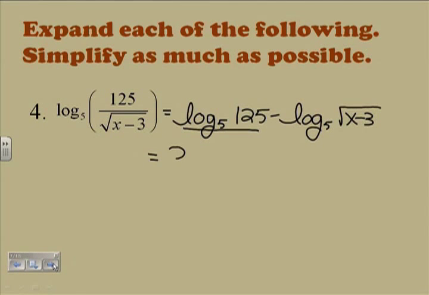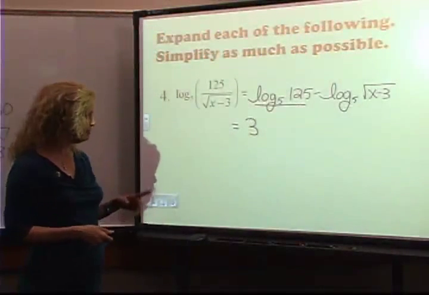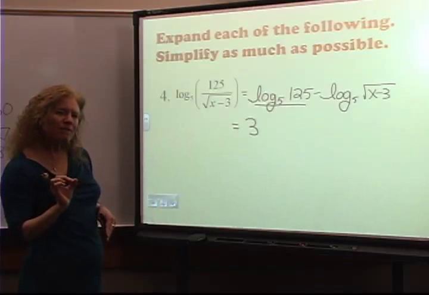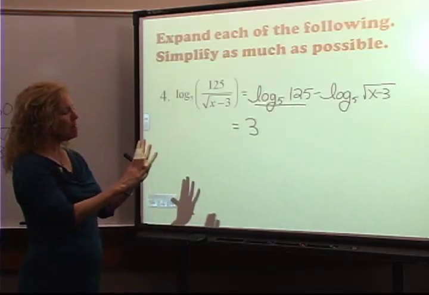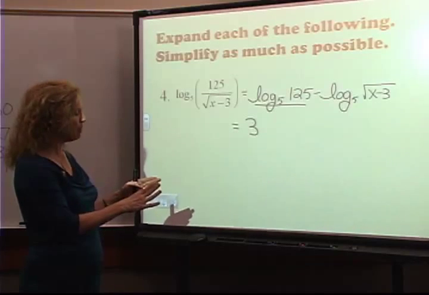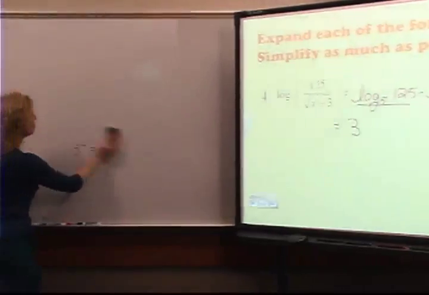This is equal to 3. Hey, a suggestion that I've given in class just recently, as we've been working with these logarithms, is if you're not comfortable with these powers, you might want to have a table that you've written out on paper. Write down some powers, meaning this.